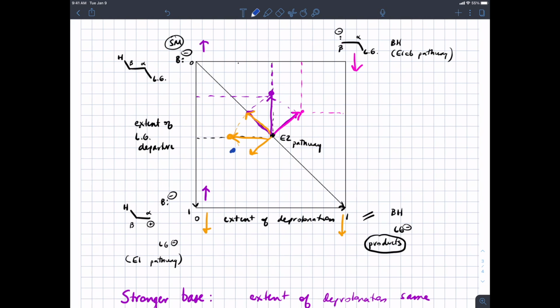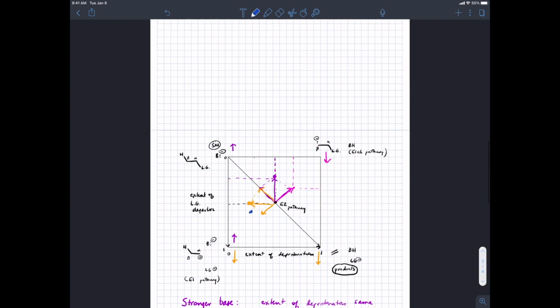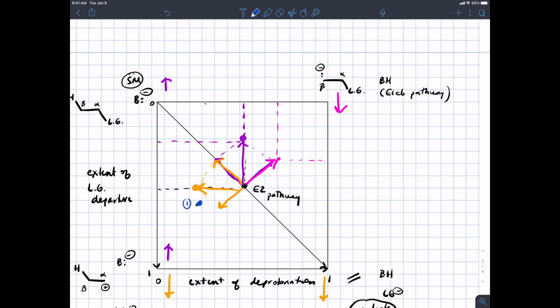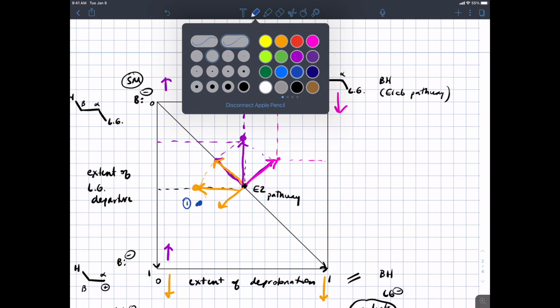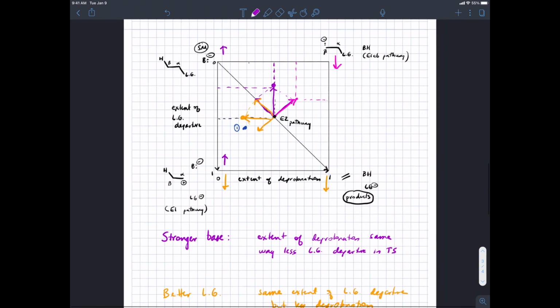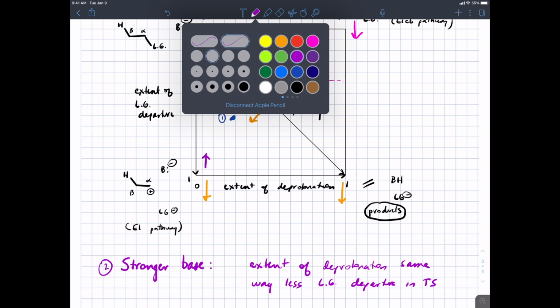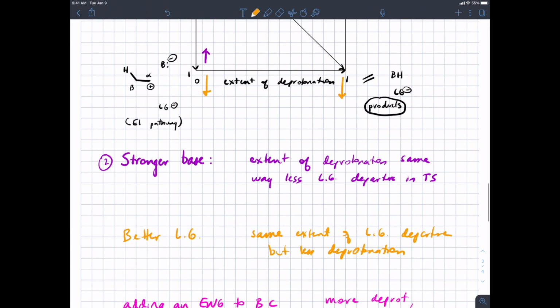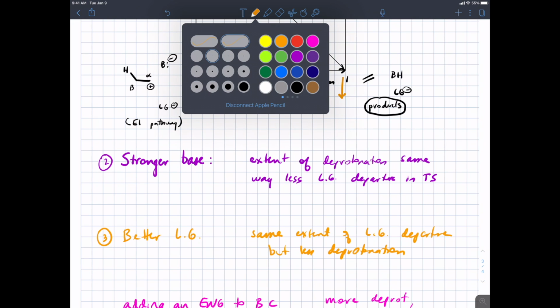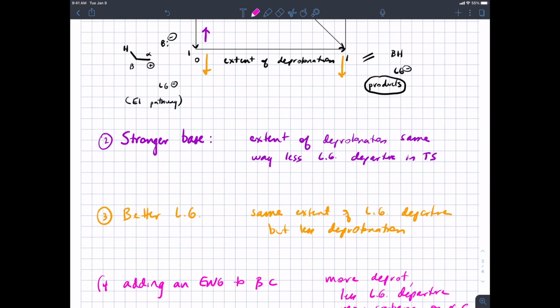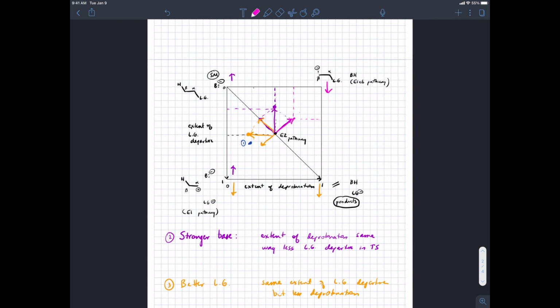So let's imagine which of these four situations: situation 1 in blue, where we change the substitution on the alpha carbon, situation 2 in purple, where we use a stronger base, situation 3 in orange, where we use a better leaving group, and situation 4 in pink, where we put an electron withdrawing group on the beta carbon.